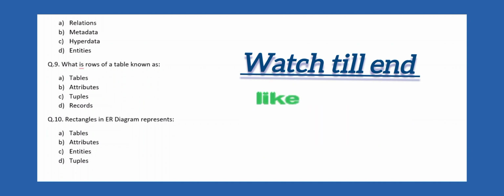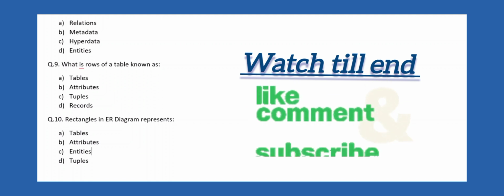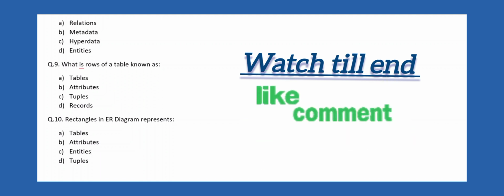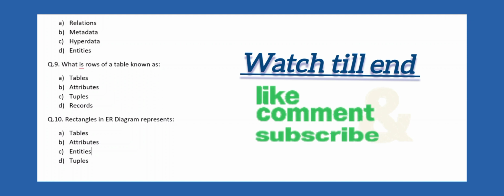So these three are the important major components of an ER diagram, that is attributes, represented by oval shape, entities, represented by rectangle shaped box, and the last one is relationship, represented by diamond shaped box. So this is just an overall concept of ER diagram.